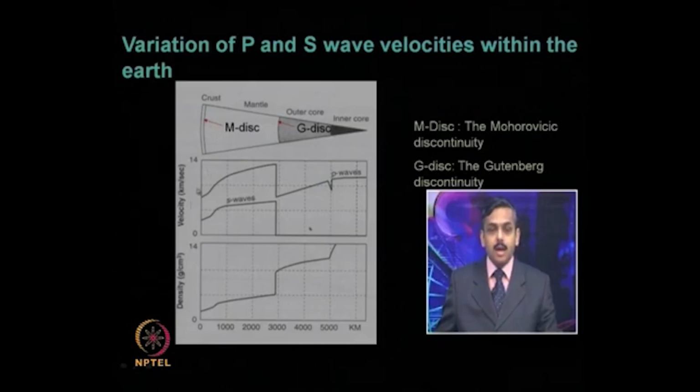Now, if we look at the typical velocity of P wave and S wave in the various layers of the earth, you can see this is the variation of the earth's interior from the ground surface, and this is the typical velocity in the unit of kilometer per second. This upper line is showing the typical velocity of P wave in various earth's interior layers.